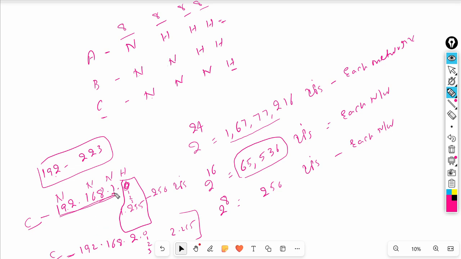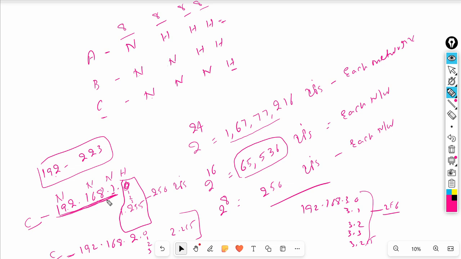If you take any other number, for example 192.168.3.0, then 3.0, 3.1, 3.2, 3.3 up to 3.255, this is another network. Here also we have 256 IPs. So each network provides 256 IPs in class C. If you change any number in the three network portions, that is a different network.